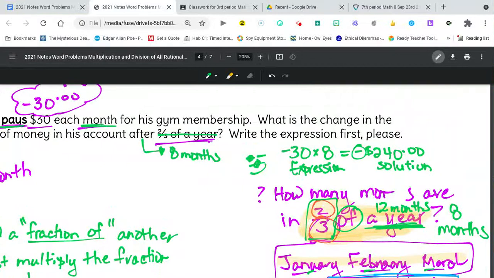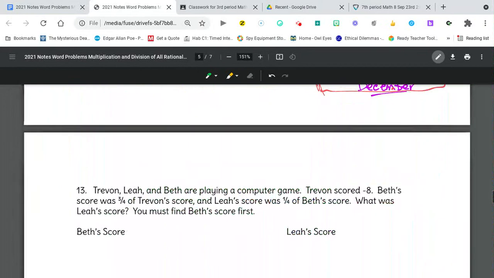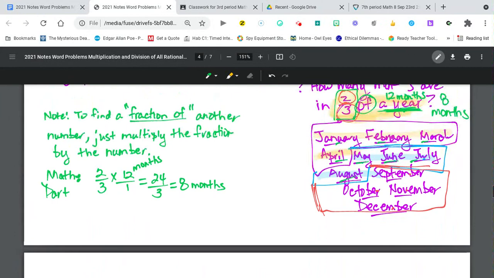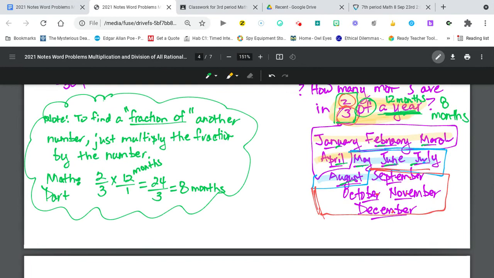But because I'm using the sign negative, I don't have to use the word decrease. Remember, don't use both a word and a sign. And I prefer for you just to use the sign, okay? All right, so we're going to take this and make use of it on the next problem, all right?